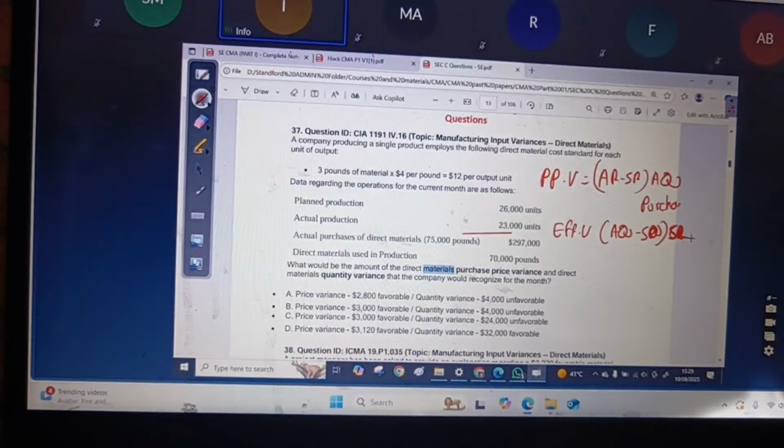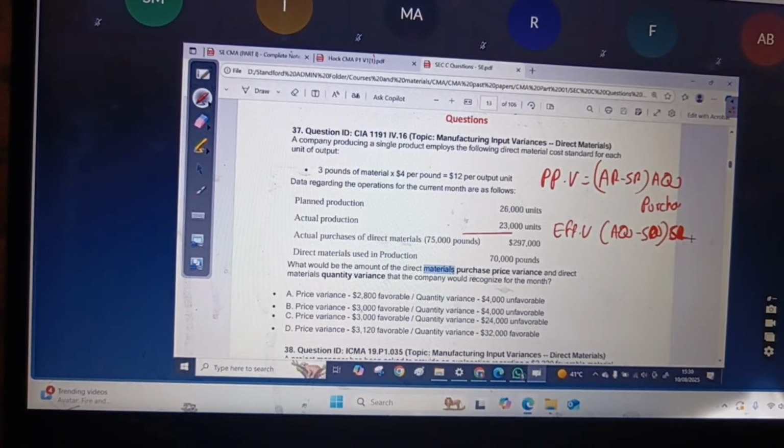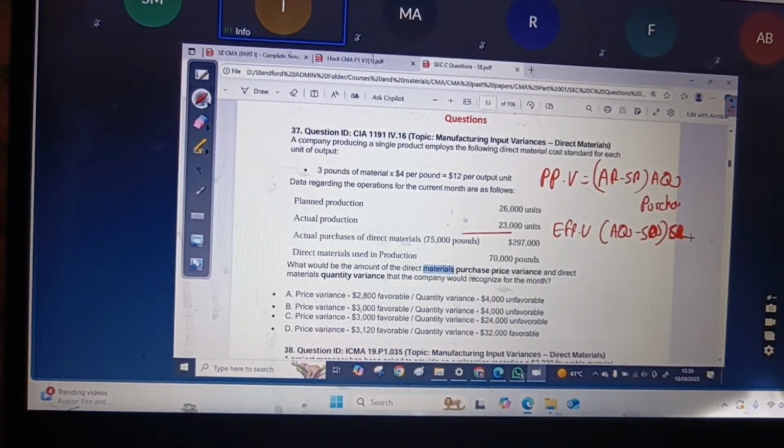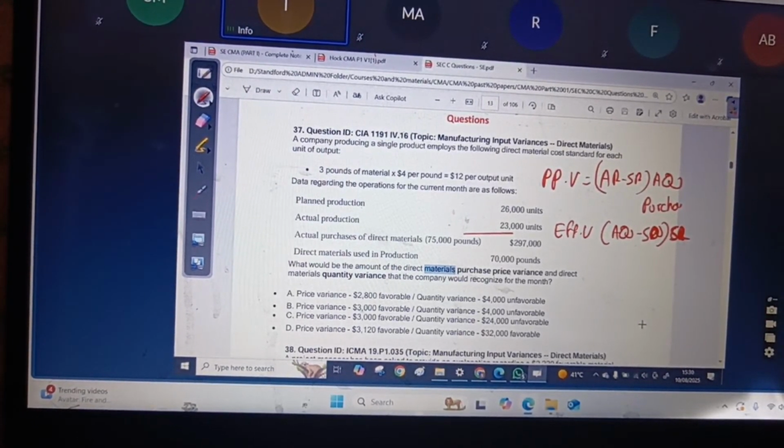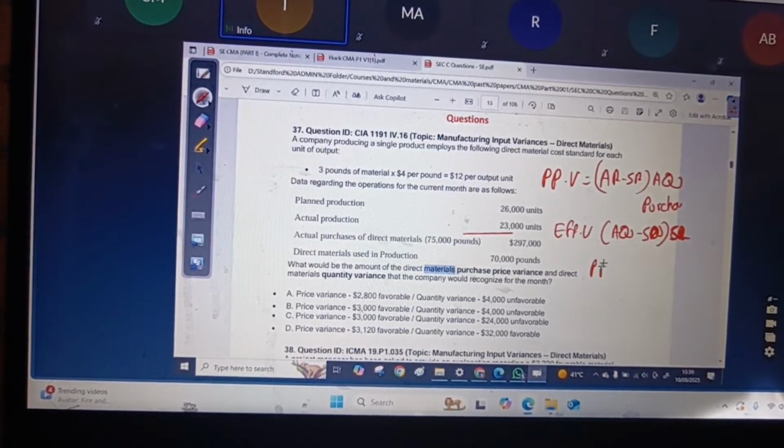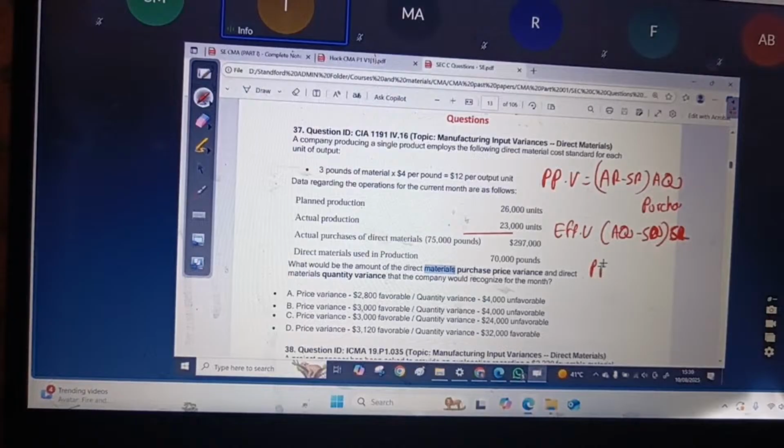What is the actual rate? $297,000 divided by 75,000. Okay, first calculate for PPV, that is actual rate. How do you find out actual rate? This divided by this.